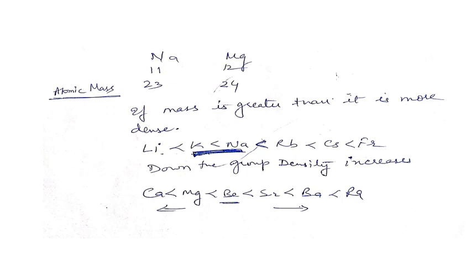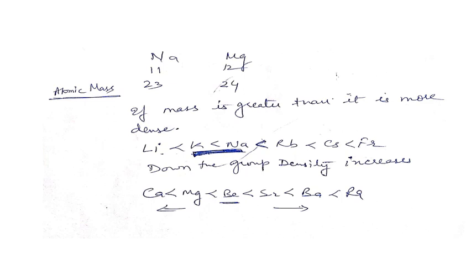But there is an exception in the case of density: potassium has lesser density than sodium. Down the group density goes on increasing, but potassium and sodium are interchanged.